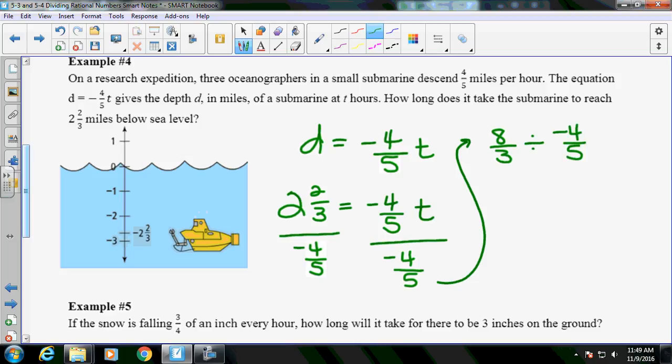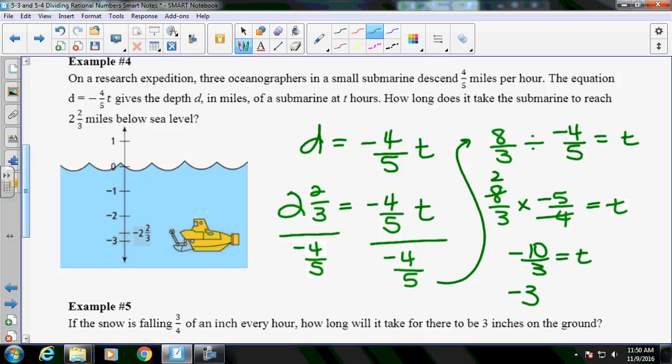And that's going to equal t. So 4 goes into 8 twice, and I get -10/3. So I get -3 1/3 per time.